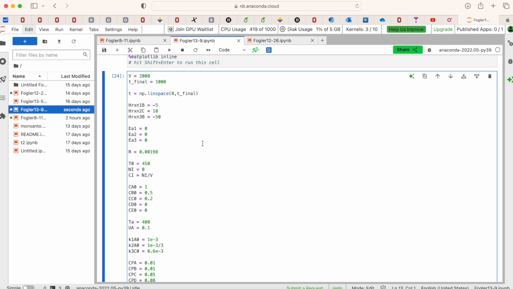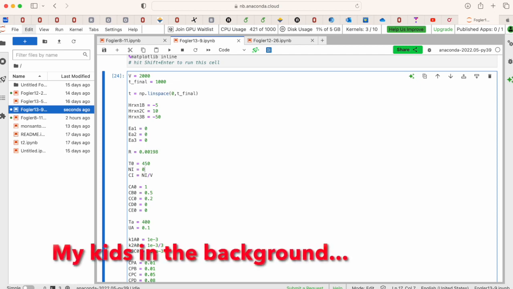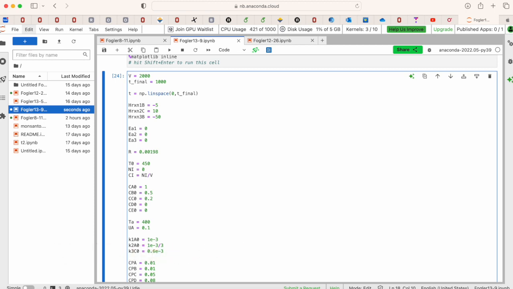Okay, so now I have here my gas constant. I want to use units of kilocalories per mole Kelvin to be consistent with the other units in the problem. This is my initial temperature of the batch. I have here, if I wanted to add an inert, I kind of threw this in as an example. You don't need to have this in your solution, but this would be the number of moles of inert and then turning that into the concentration by dividing by the volume.